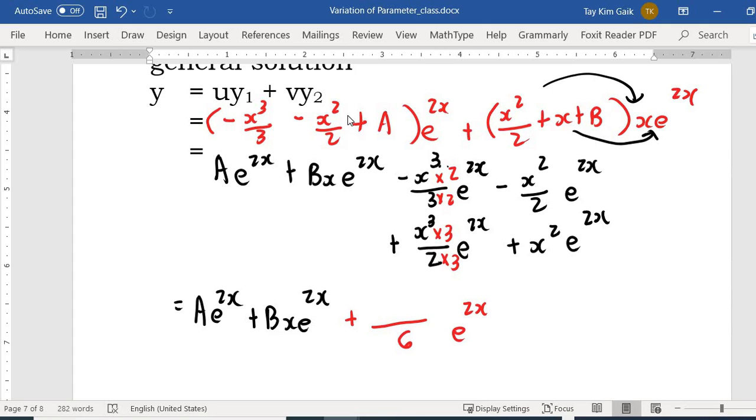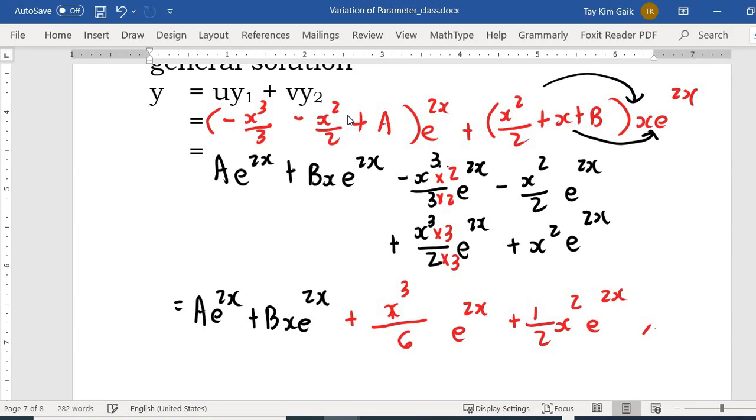So this is negative 2 plus 3, which means 1, so only x cubed. And then here, minus half x squared exponent 2x plus x squared exponent 2x, so you get positive half x squared exponent 2x.